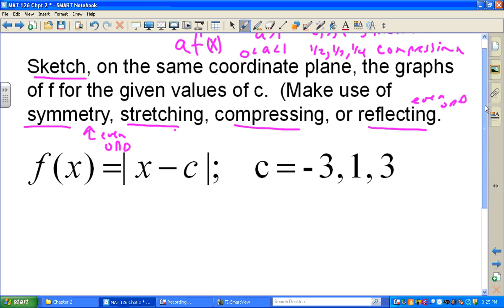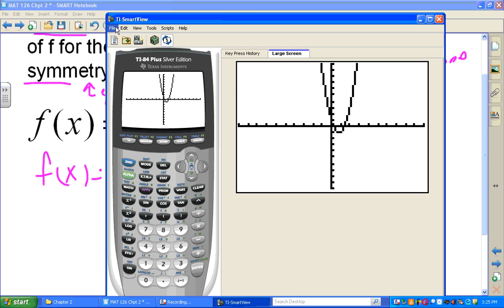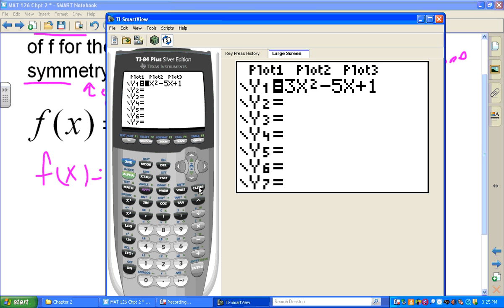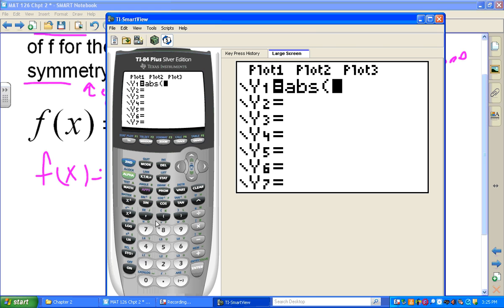All right. So I'll tell you what we're going to do. First of all, we're going to get our regular graph, the absolute value of x. The peace sign, that's pretty good. So make a sketch of the absolute value of x. Y equals math, number, absolute value of x.